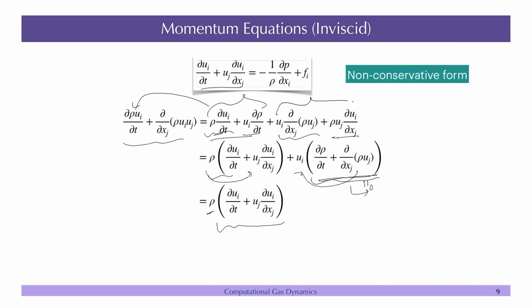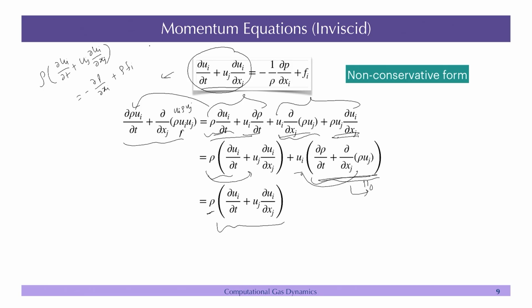Then if you collect these two terms, taking ui separately and rho uj separately, you will have these two terms. So, what I am trying to say is that for this entire thing, bring rho on the left hand side. You will have rho times del ui by dt plus uj del ui by del xj, equal to minus del p by del xi plus rho fi.